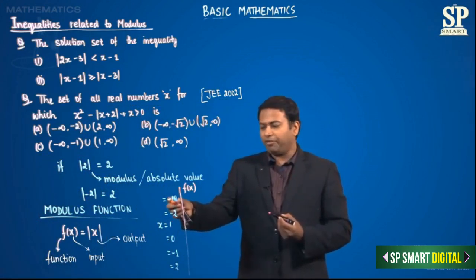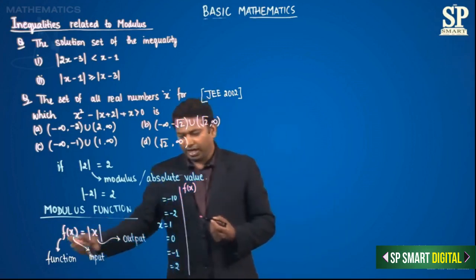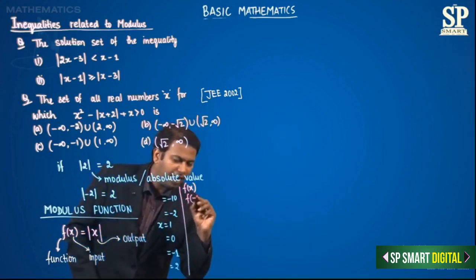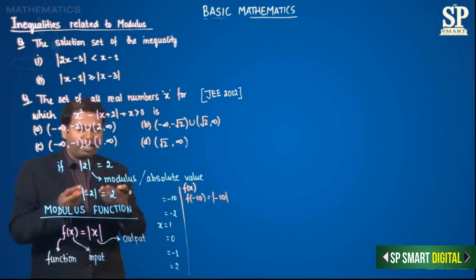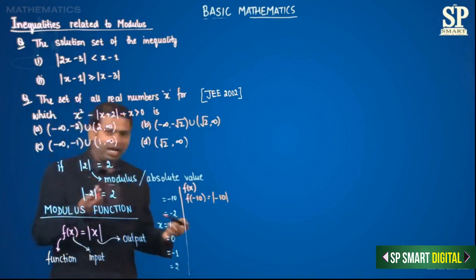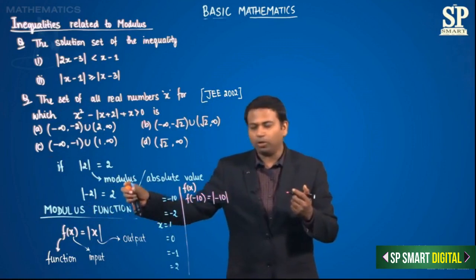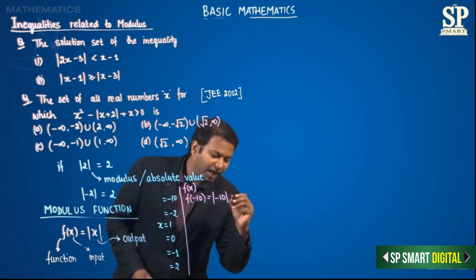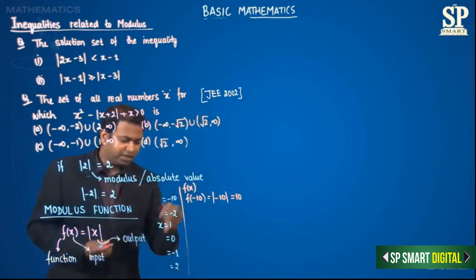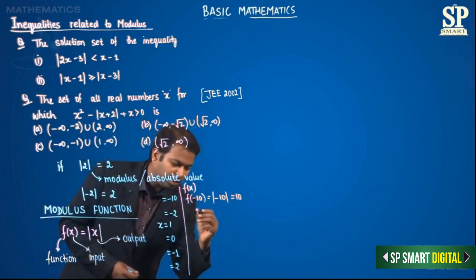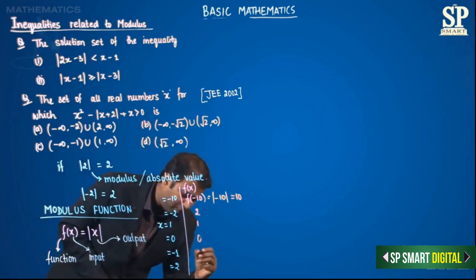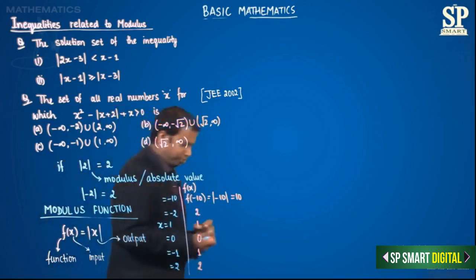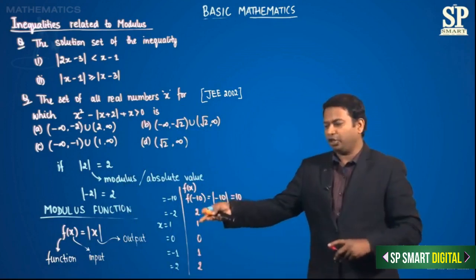If we take x as -10, we can write f(-10) is equal to modulus of -10, and from the definition, it just gives us the absolute value by ignoring the sign, hence the answer is 10. Similarly, when x is -2, the answer is 2. When x is 1, it is the same. For 0, again the same. For -1, it gives us an output 1, and when x is 2, it is 2. So this is how a modulus function operates.